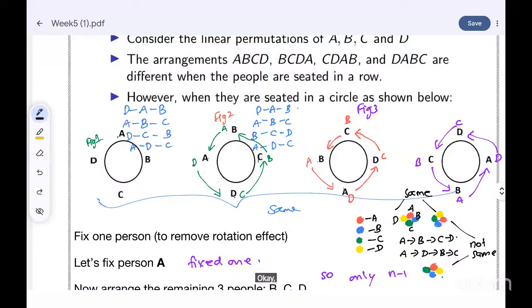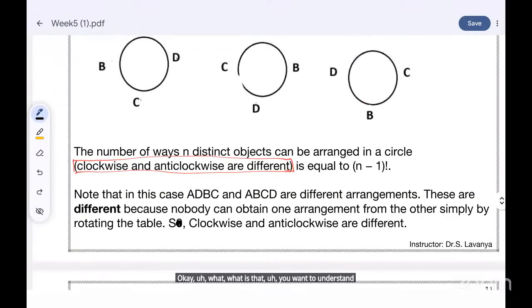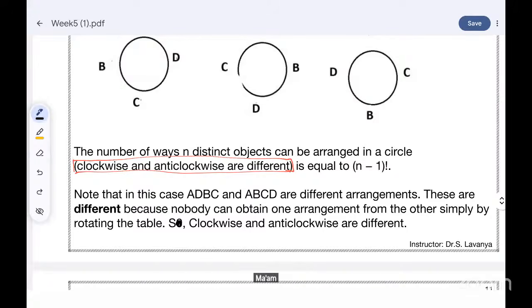Okay. What do you want to understand from there? I'll try to draw based on the scenario you are saying. So in a merry-go-round, the positions are fixed. People are sitting in different positions. So what are the different possible ways the people can sit around? Is that what you're asking? Ma'am, yes.